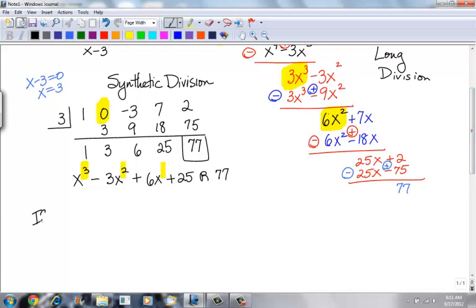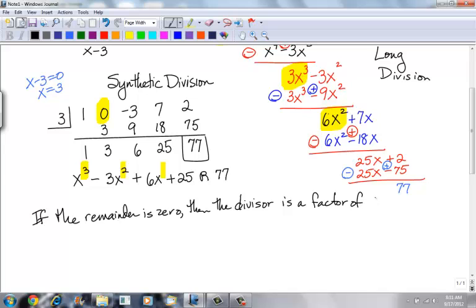So if the remainder is 0, then the divisor is a factor. That means it would go in there evenly of that polynomial. If the remainder is 0, then the divisor is a factor of the polynomial.